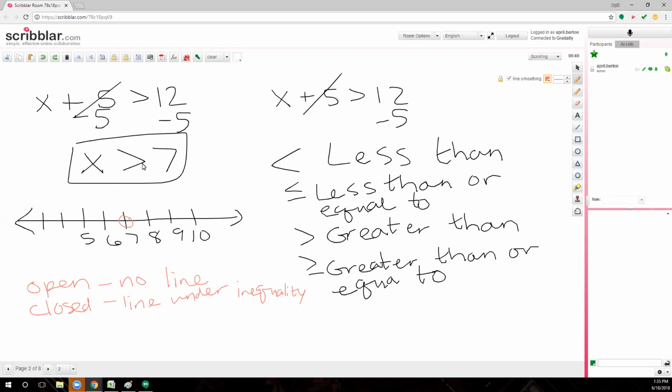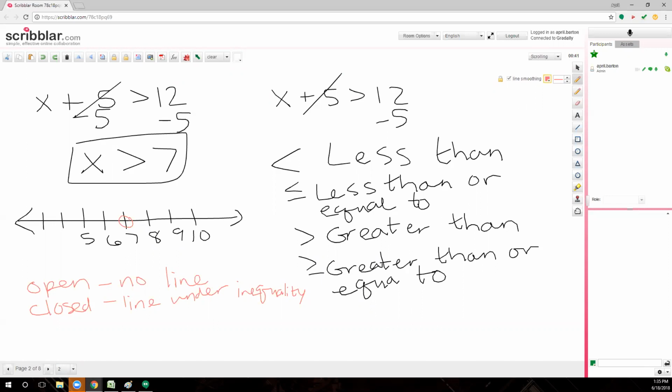We also need to know shading. This was greater than, all the numbers bigger than 7. So do you think greater than will mean shade to the left or shade to the right? You can just type your answers into the chat box, or if you want to unmute your microphone, you could say your answer out loud.